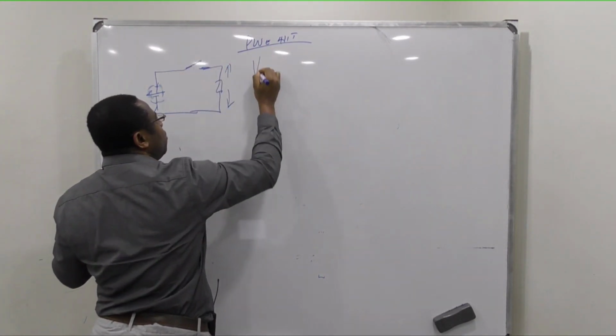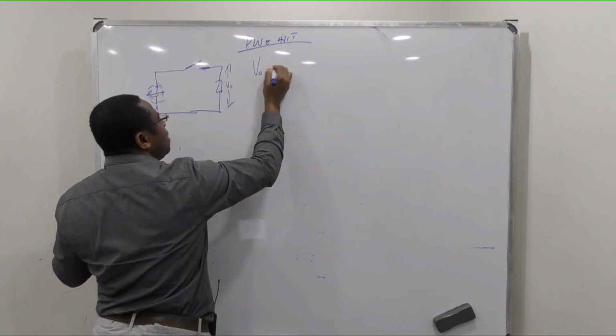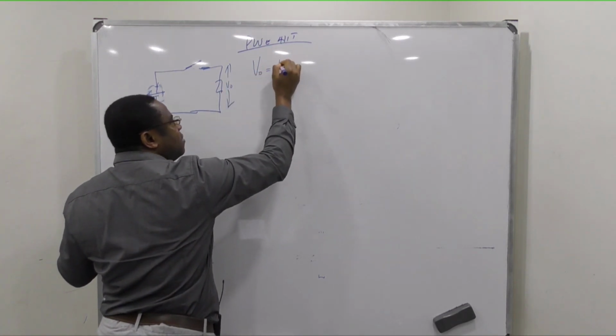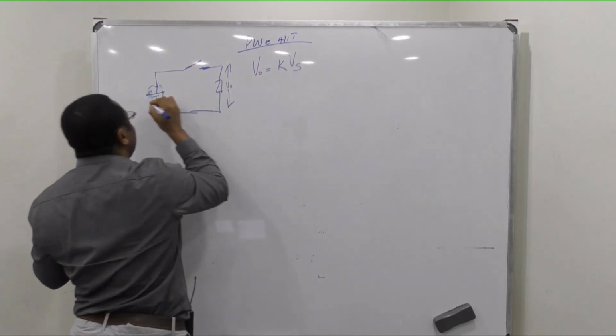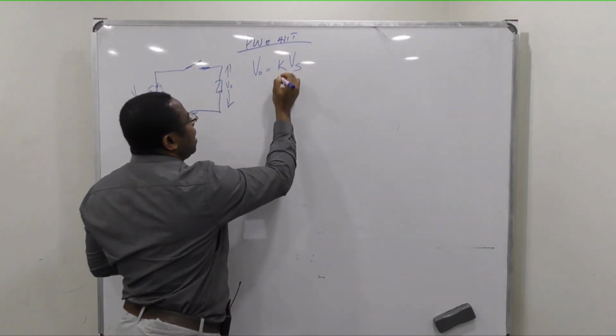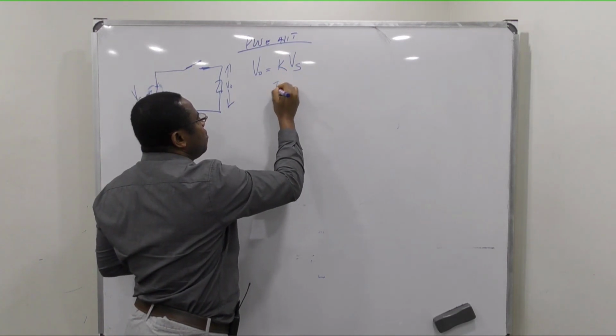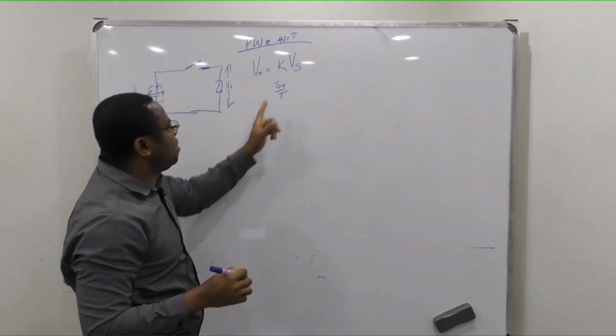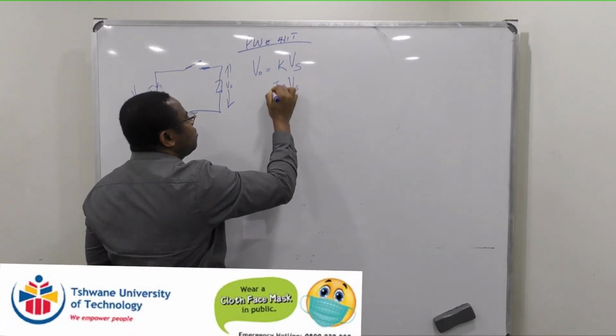So we said VO is the duty cycle times Vs, where Vs is your source voltage, and this duty cycle, K, we said is T on over T.